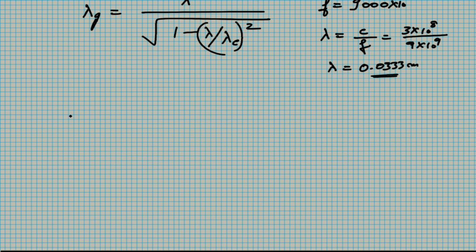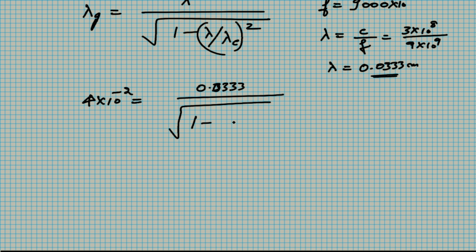Lambda g is 4 into 10 to the minus 2 is equal to 0.0333 divided by under root 1 minus 0.0333 divided by lambda c, the whole square.